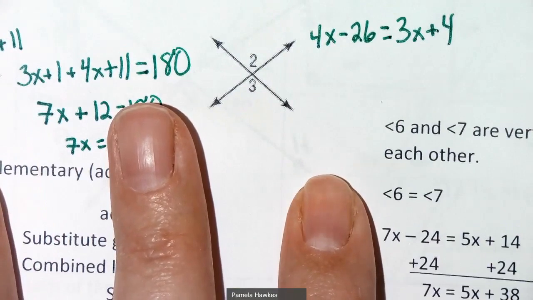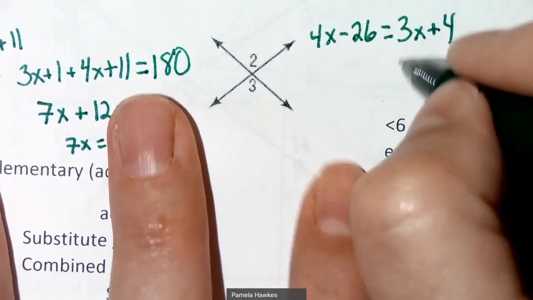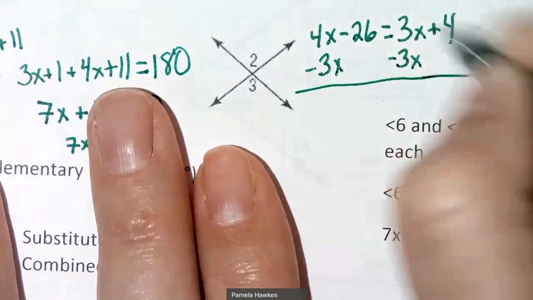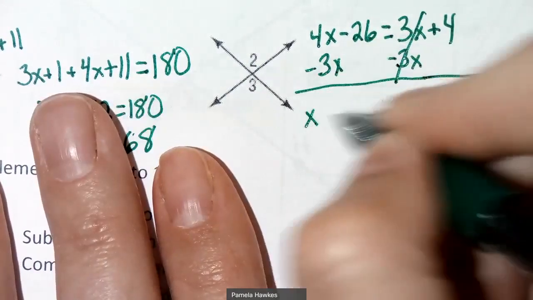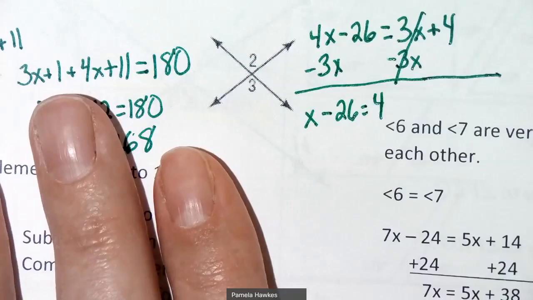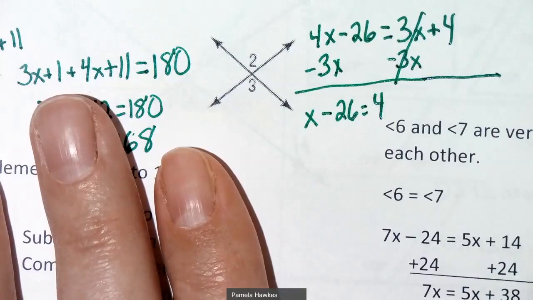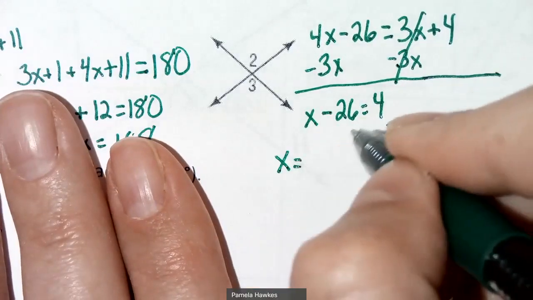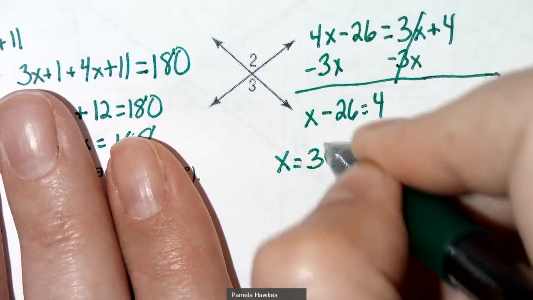Minus the 3x, right? And this goes away. I get x minus 26 is equal to 4. Now what? Add 26 and I get x equals 30.